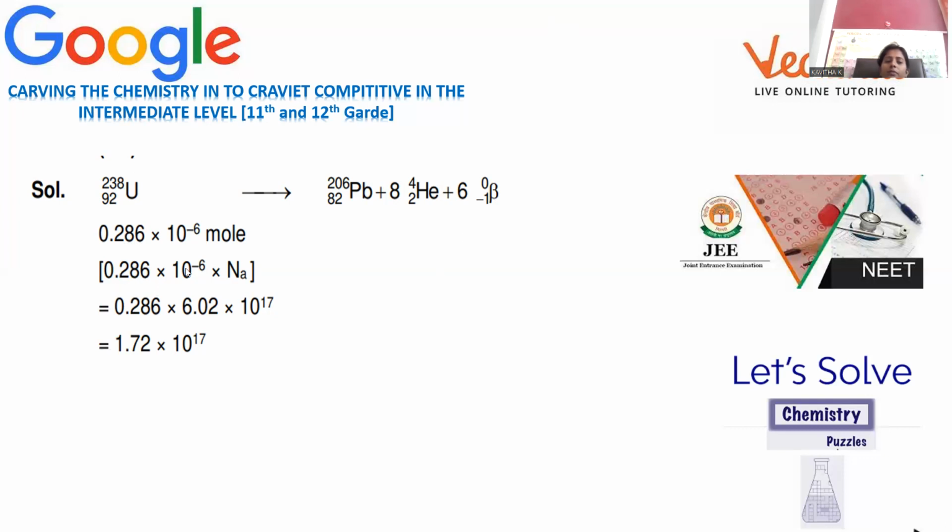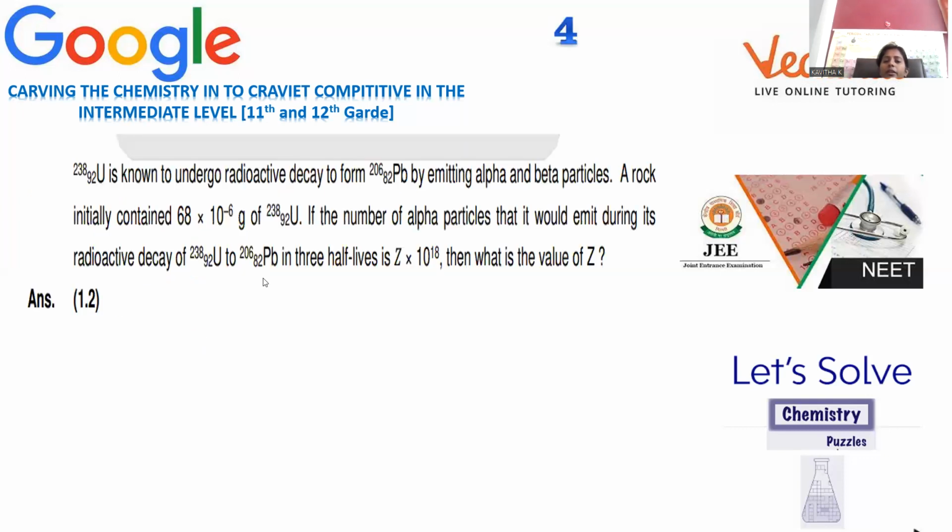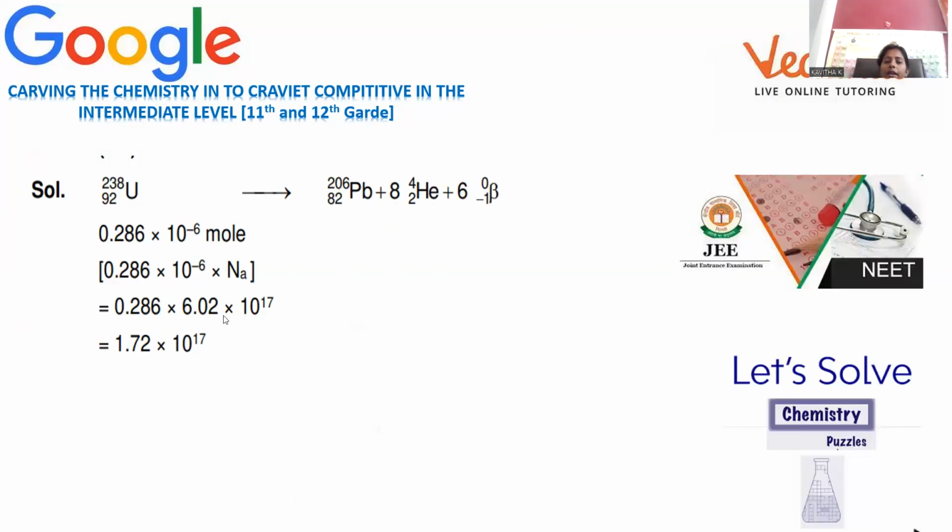If the number of moles is known to you, convert it into the number of molecules, since they are asking for the number of alpha particles. In order to get the number of molecules, moles can be multiplied with Avogadro number. N denotes what? Avogadro number. The Avogadro number value is the constant 6.023 into 10 to the power 23.